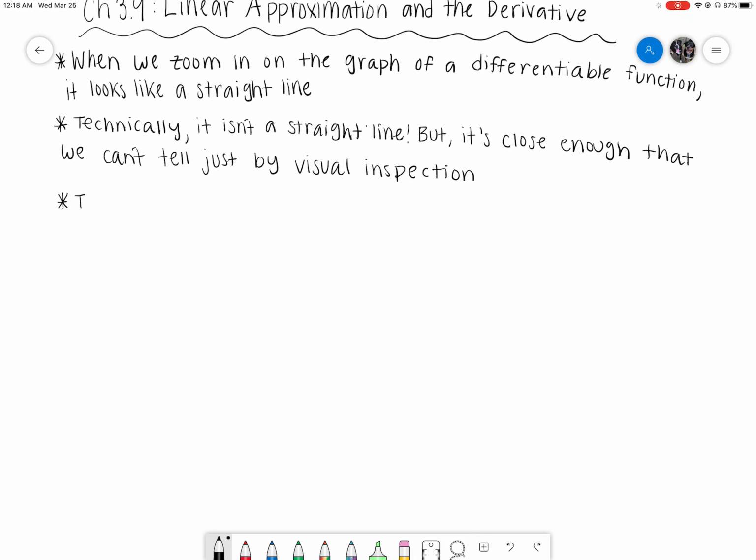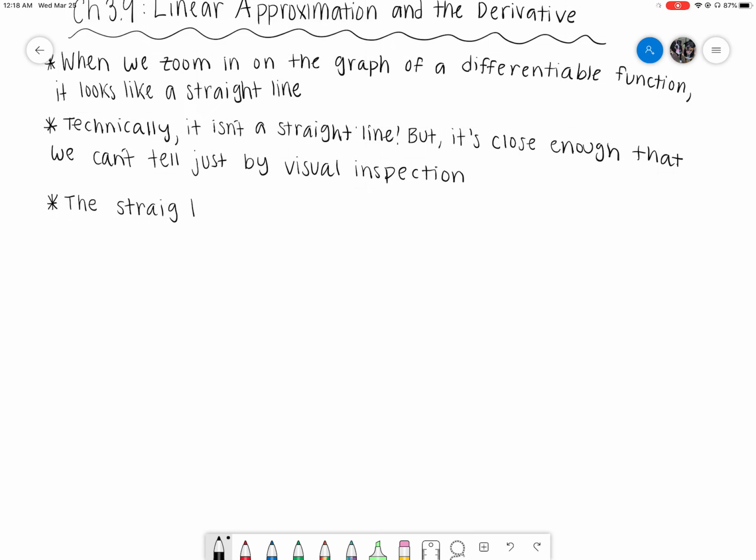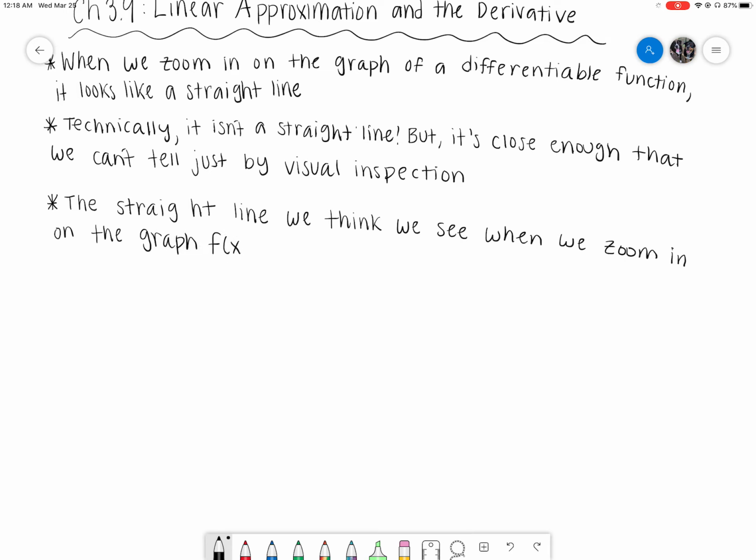And that straight line we think we see when we zoom in on the graph of f of x at x equals a.